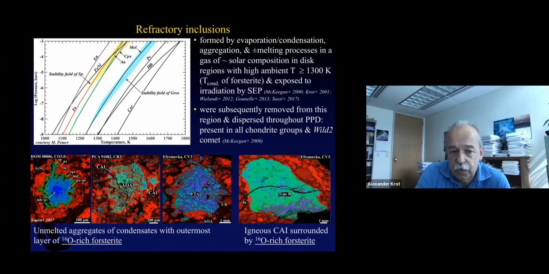What it means is that the processes that I invoke for the origin of refractory inclusions, like evaporation, condensation, aggregation, melting, all happened in the reservoir where subsequently forsterite condensed.